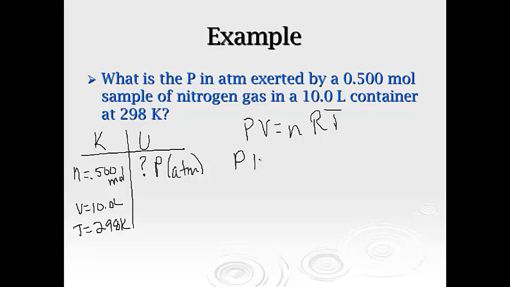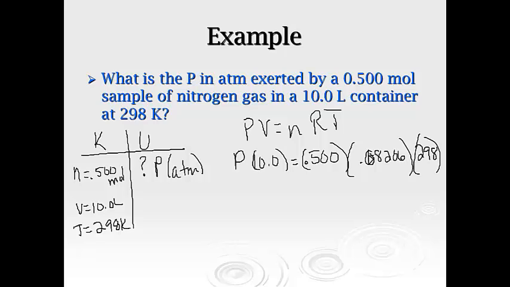We're looking for pressure. You've got 10.0 liters is equal to 0.500 moles. Remember, we also have our ideal gas constant from before, which is 0.08206, and then we've got our temperature, which is 298. I'll show you how the units cancel out in just a minute, but we've got to do this math.